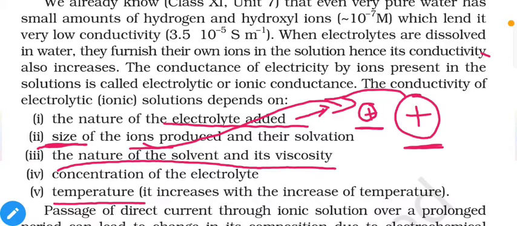And temperature. As we increase the temperature, more ionization will occur. Ionization means the number or percentage of ions produced from a given sample of ionic molecules. Suppose at normal temperature 80% ionization occurs.